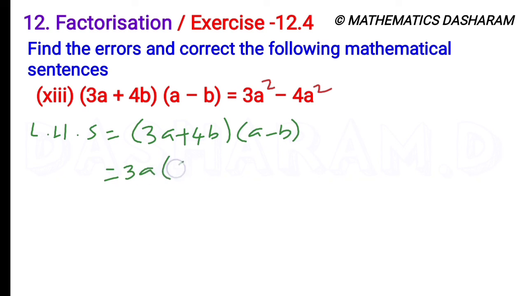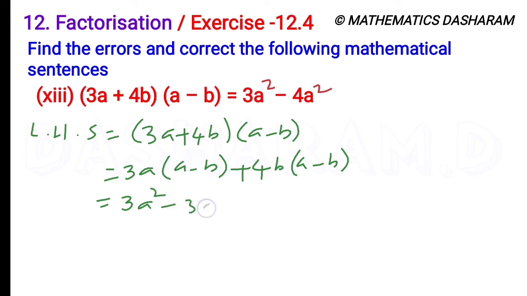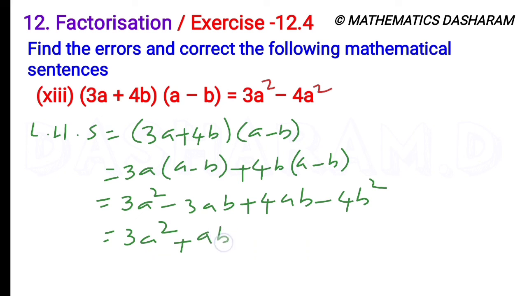So 3a into (a minus b) plus 4b into (a minus b). 3a multiplied inside: 3a square minus 3ab. Here 4ab minus 4b square. Next, 3a square minus 3ab plus 4ab, both are like terms, so the answer is ab minus 4b square. But in the question he gave 3a square minus 4a square, so it is not equal to RHS.